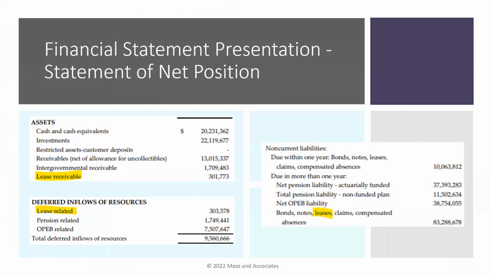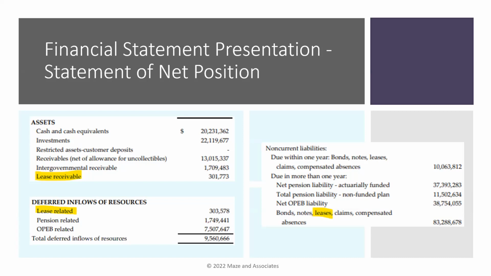And so in these snips you can see on your balance sheet, whether it's a governmental fund, enterprise, any fund, if you have a lease receivable, you're going to be recording that lease receivable in the fund, and offset with the deferred inflows of resources. And in this example, it's titled lease related.